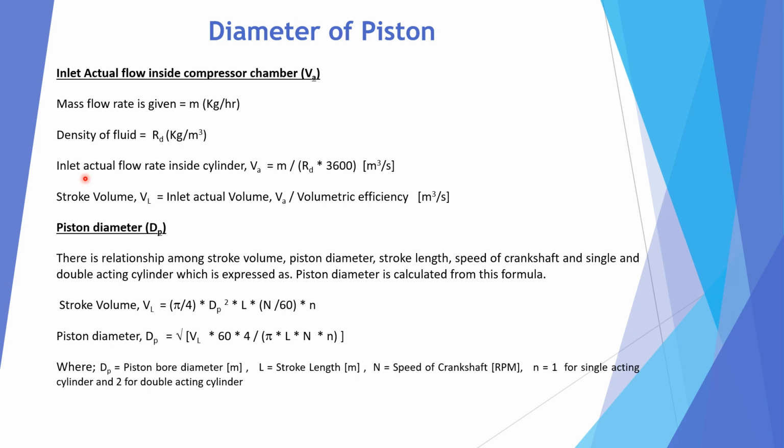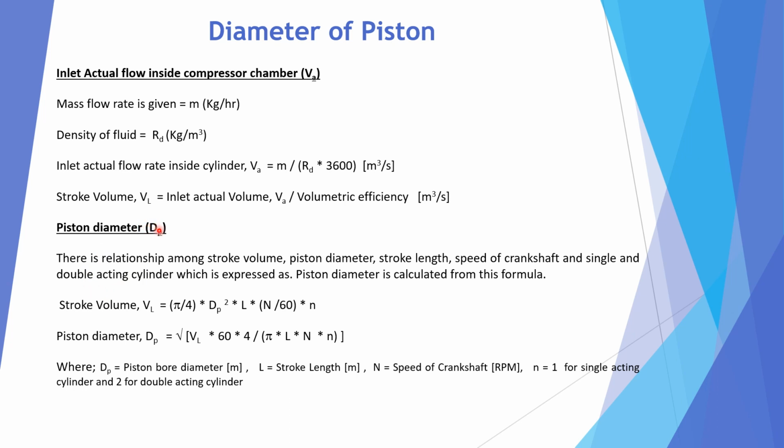So inlet actual flow rate inside the cylinder, we can write VA is equal to mass upon bracket start RD, that is density, into 3600 to convert into seconds. So the unit will be meter cube per second. So stroke volume will be inlet actual volume divided by volumetric efficiency. So this will give the stroke volume.